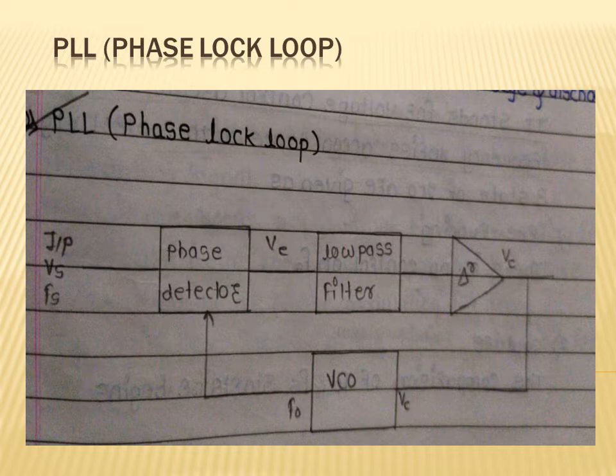This phase detector has two inputs. First one is the input signal at frequency Fs and amplitude Vs, and another input is from the VCO, which generates the frequency FO. Using these two signals, the phase detector generates the error voltage, VE.